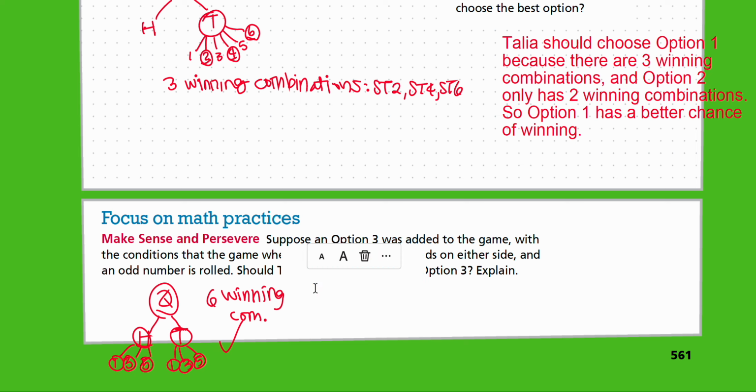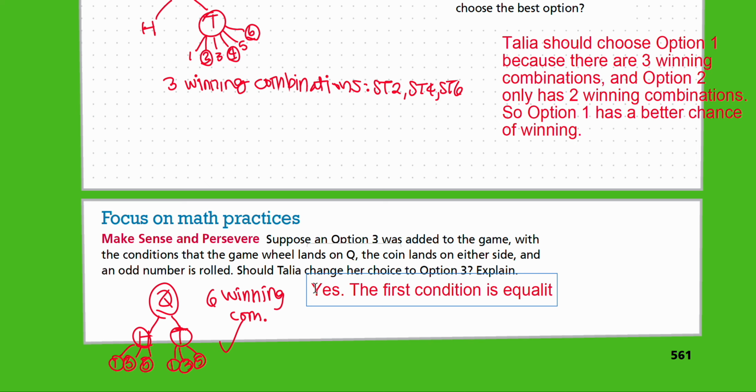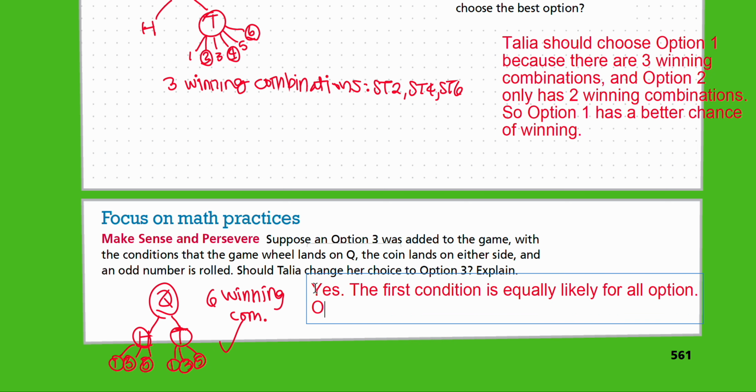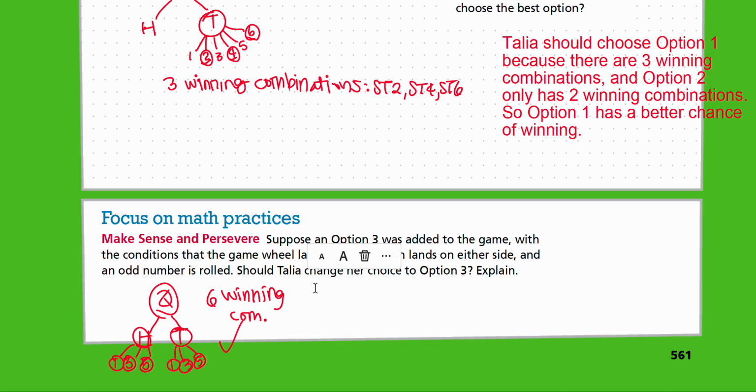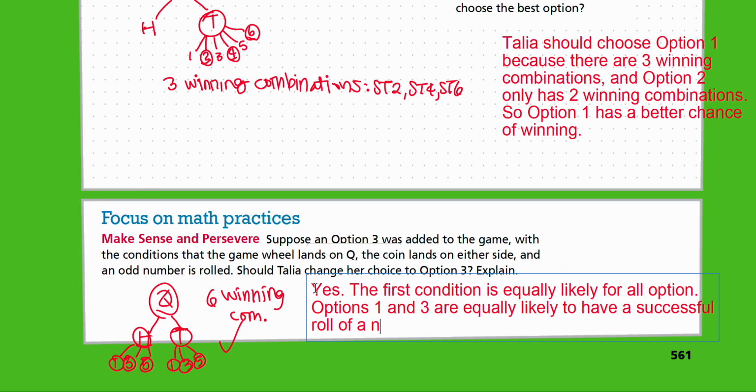Yes. The first condition is equally likely for all options because we're just choosing one letter. However, options 1 and 3 are equally likely to have a successful roll of the number cube.